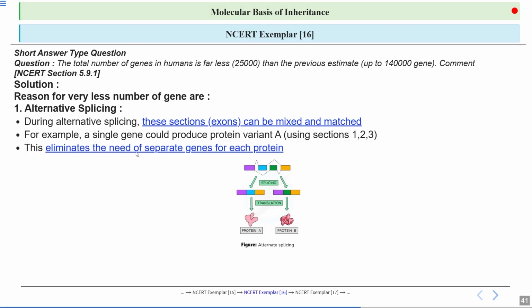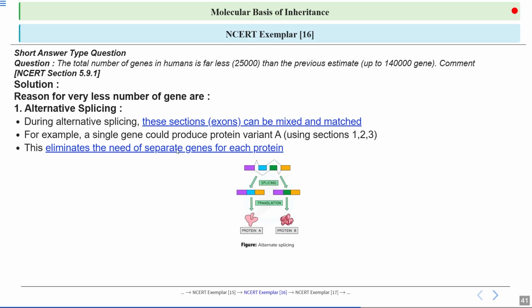So you can see here, these are 4 exons. Now, different combinations are being made. You can see this is the purple one, this is the blue one, then you have the yellow one. Here in the second case, you have the purple one, then the green one, and then the yellow one. Now, after translation, they are producing 2 different proteins. So one gene is producing many proteins.